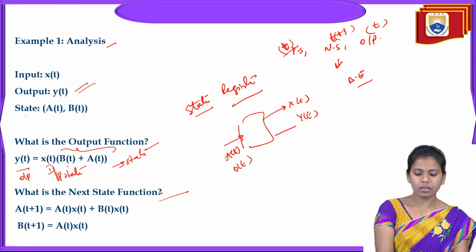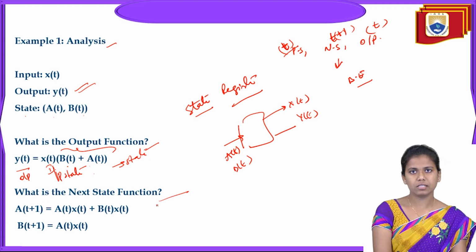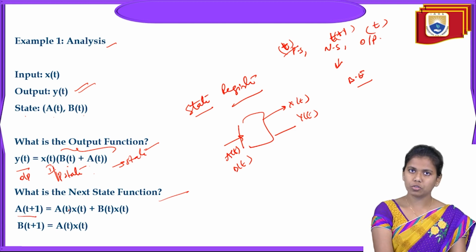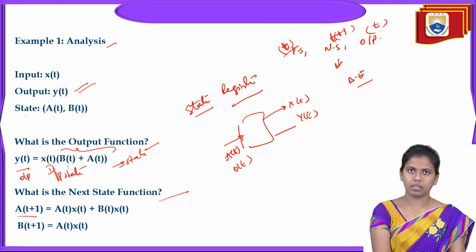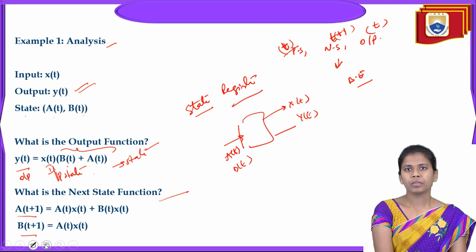Okay, so now we will see the function of the next state. The next state function can be given as a of t plus 1, which is equal to a of t into x of t plus b of t into x of t. And then b of t plus 1 is nothing but a of t into x of t. So here, if you observe the next state of the present state.